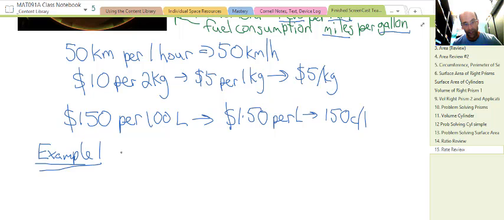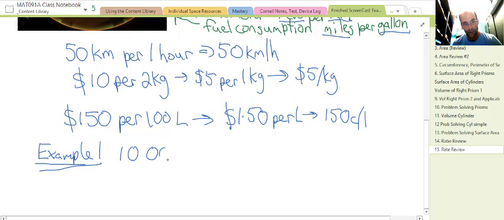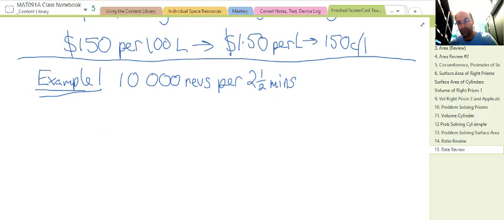So if we have to write the following as a rate, if an engine turns 10,000 times, or it goes through 10,000 revolutions, revs for short, in 2.5 minutes, write that as a simplified rate. The word per means the operation in maths divide.